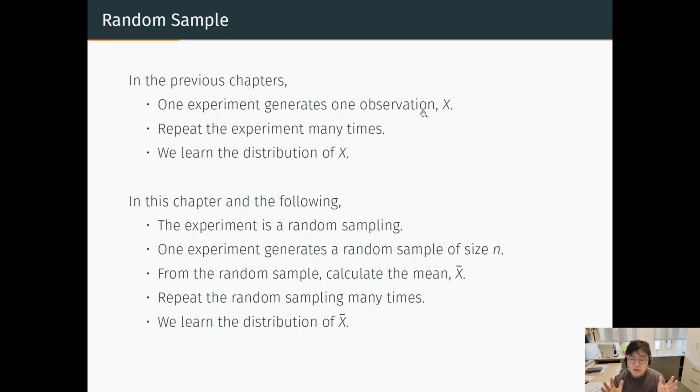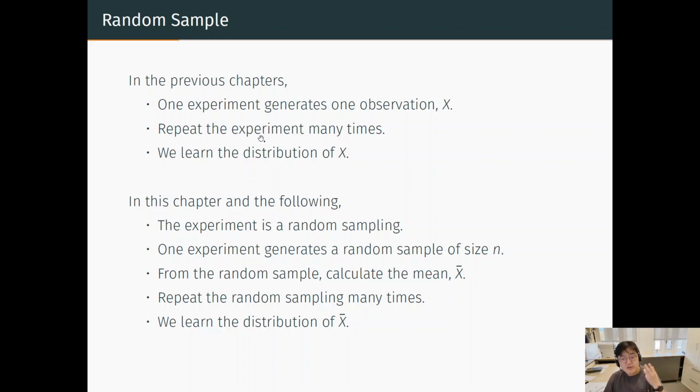Then, as I said, we are going to study how a random sample behaves, which is an extension of the previous chapters' theory. But the difference is, in our previous chapters, we thought about one experiment generating one observation, and we repeat the experiment.